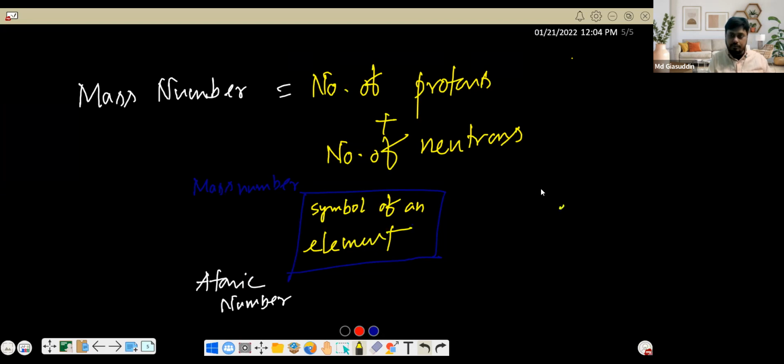It's like carbon 12(6). Is that clear to all? Yes, sir. Another example, we can write sodium 23(11). So 23 is the mass number and 11 is the atomic number.